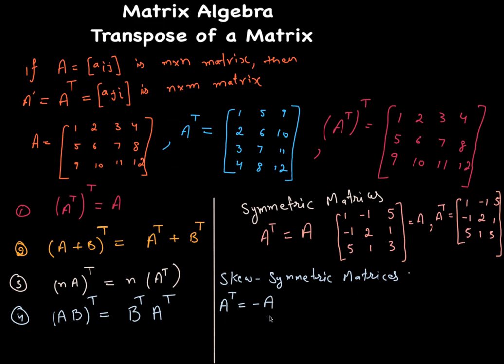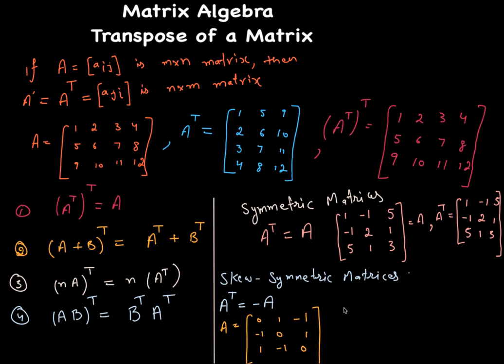Let me do one example of that. Let's say A is equal to 0, 1, -1, -1, 0, 1, then 1, -1, 0.